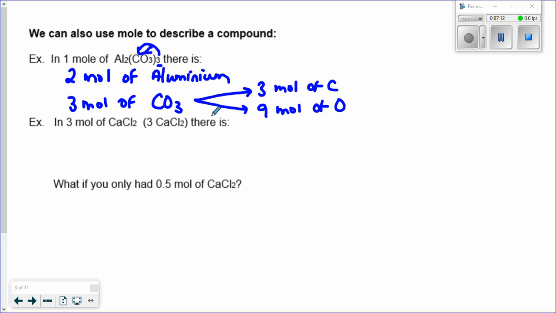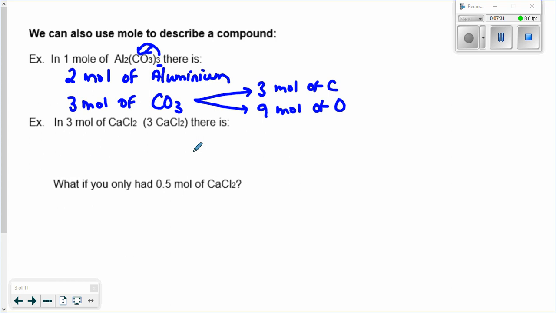So hopefully that makes sense: within 1 mole of this, there are 2 moles of aluminum and 3 moles of carbonate. And within that carbonate, if we have 3 of those CO3s, there are 3 moles of carbon and 9 moles of oxygen.